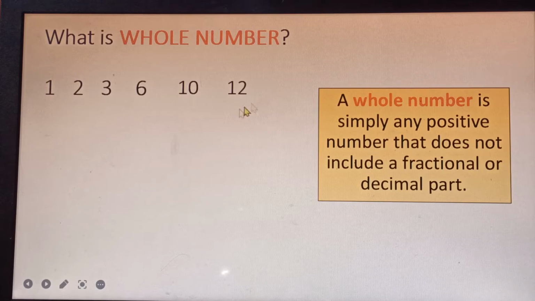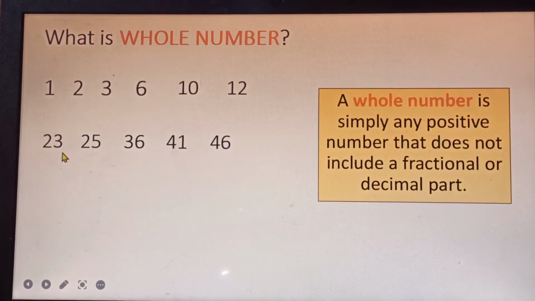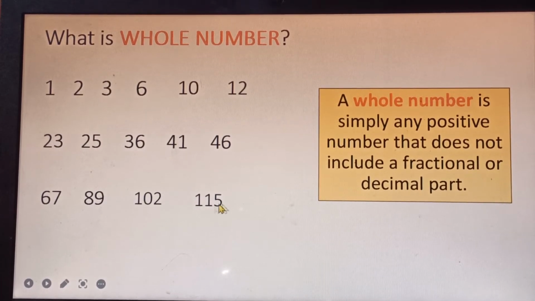For example, 1, 2, 3, 6, 10, 12, ataupun 1, 2, 3, 4, 5 and so on. Another example: 23, 22, 21, 25, 26, 27, 36, 41, 42, 43, 45, 46. And 67, 68, 69, 80, 81, 82, 89, 100, 102, 115.